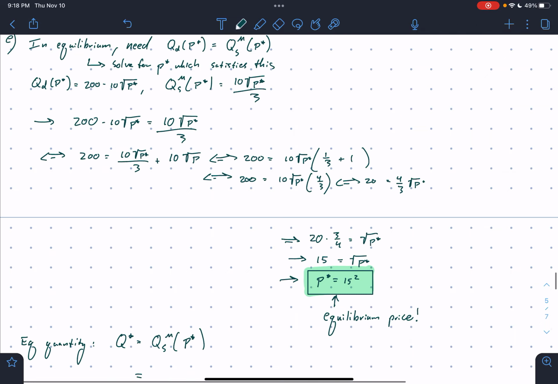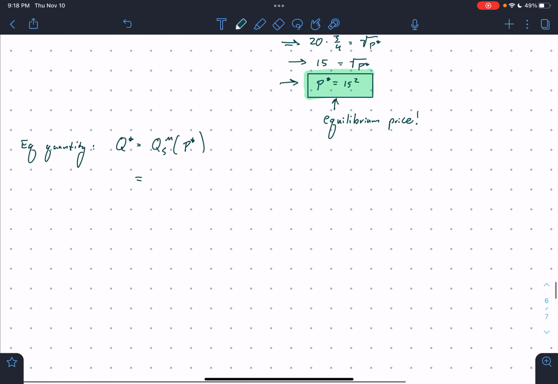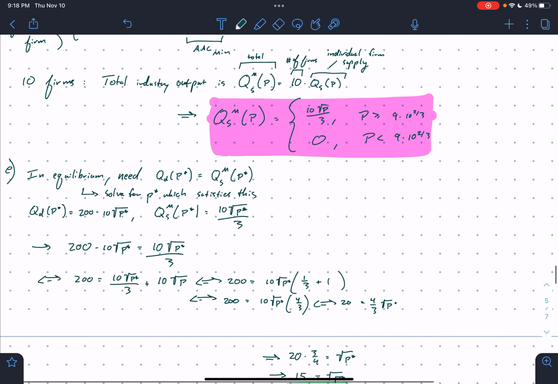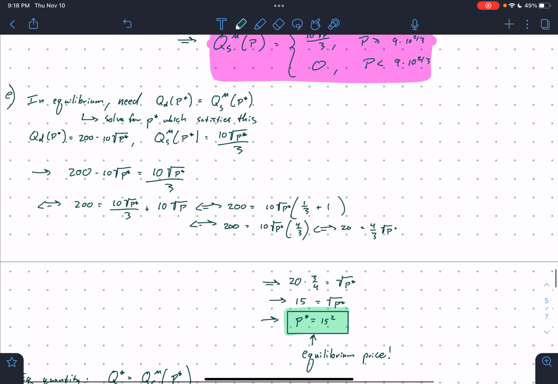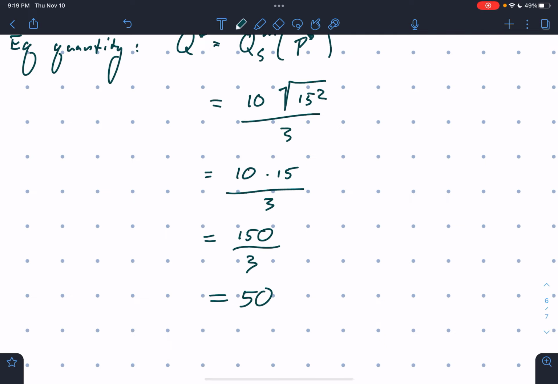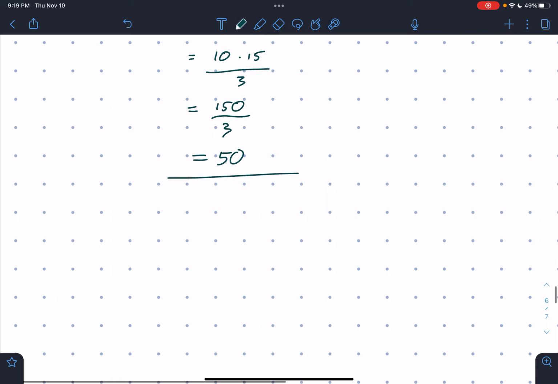So it's 10 root P over 3, 10 times root 15 squared over 3. Yep. So this is 10 times 15 over 3. This is 150 over 3, which is just 50. Nice even number.